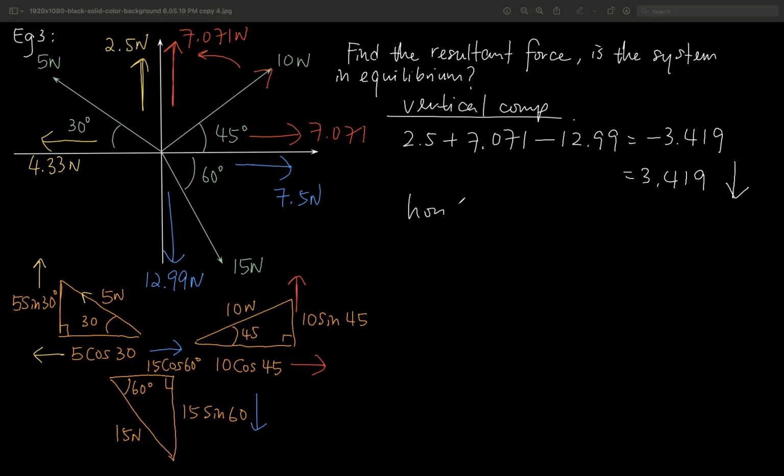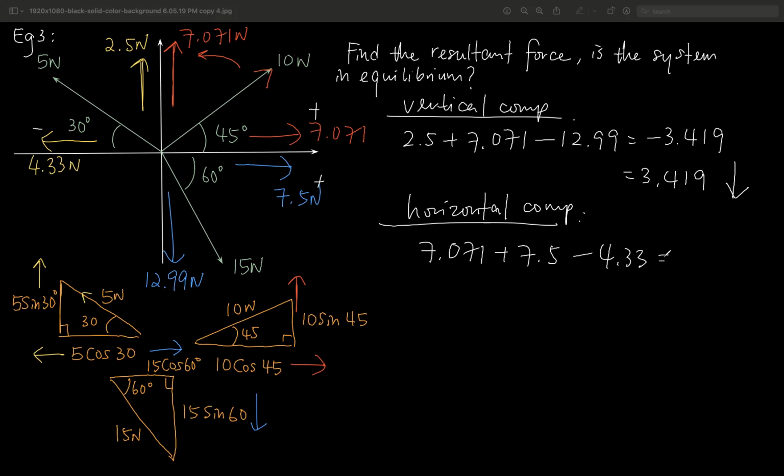Okay, horizontal. Pointing to the left is negative. Pointing to the right is positive. So 7.071 plus 7.5 minus 4.33 gives 10.241, direction to the right.